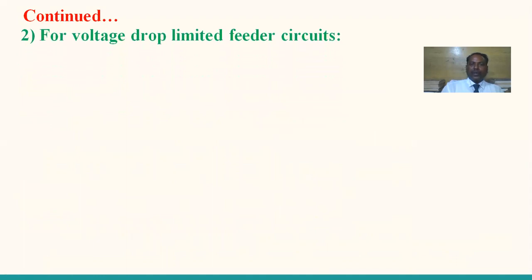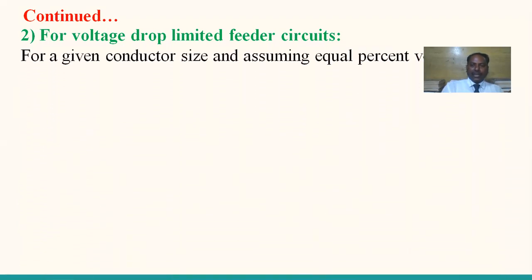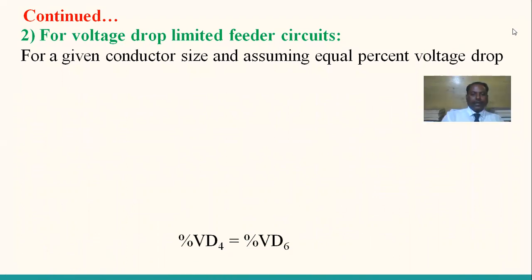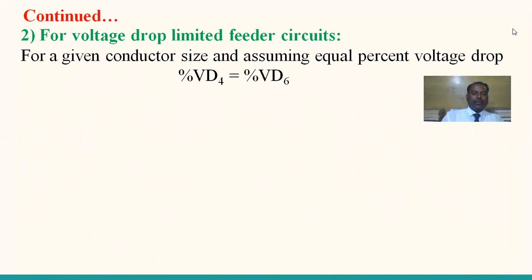For voltage drop limited, feeder circuits are considered here. For a given conductor size and equal percentage voltage drop, the percentage voltage drop of a 4 feeder is equal to percentage voltage drop of a 6 feeder.